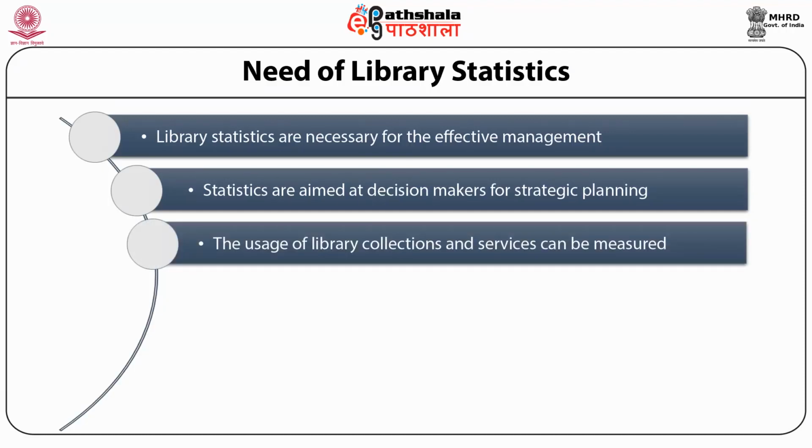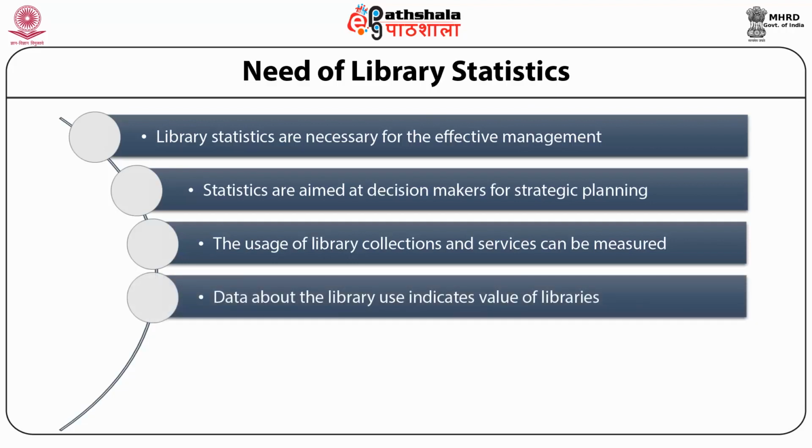Usage of library collection and services can be measured using statistical methods. Data about library use indicates the value of libraries. As I was telling you, if a management body finds out that they have 20,000 books, and out of that maybe only 7,000 books are used and the rest are unused documents, they might decide, okay, we won't be purchasing print volumes next time, because only 7,000 print resources are in use, and most of the resources utilized by our researchers are available online.